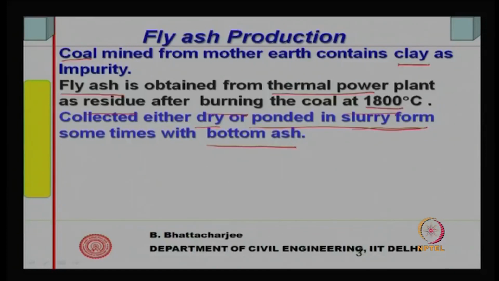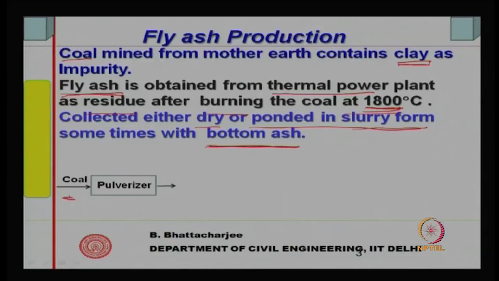In fact, the clay which is heated up together with the coal produces this ash which flies away, and some portion of the ash goes to the bottom of the furnace, that we call bottom ash. So, we have fly ash and bottom ash. Fly ash generally goes above, collected through the chimney, through electrostatic precipitators, and the bottom ash remains at the bottom. So, let us see the process.